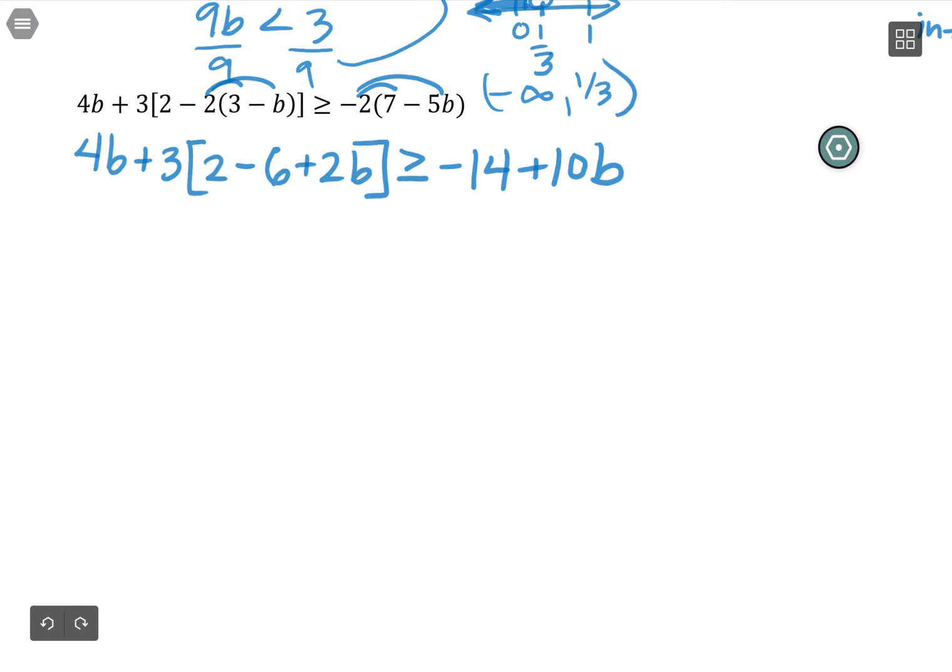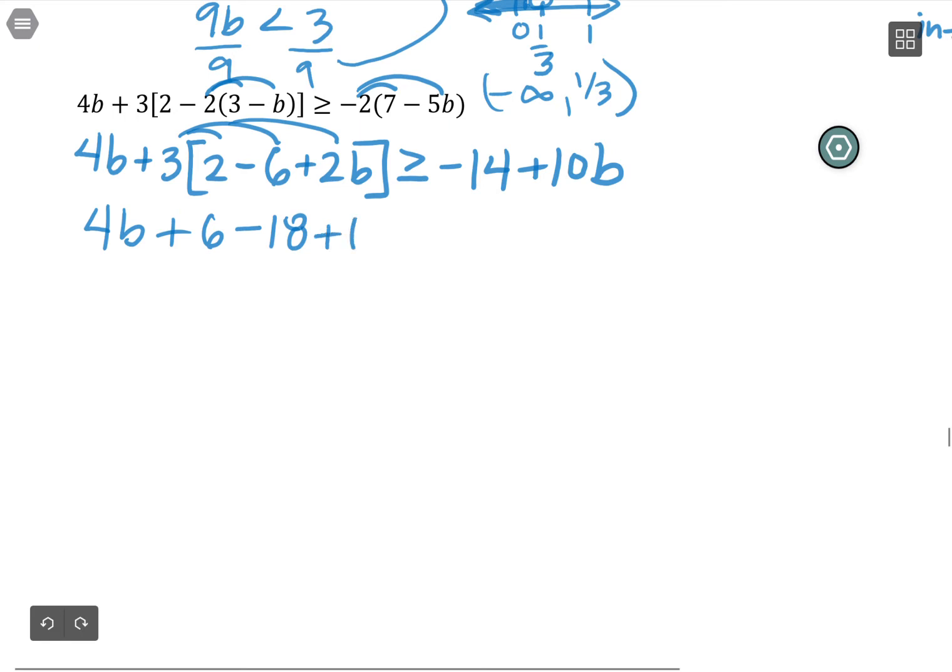And then I'm going to distribute again, and I'm going to say 4b plus 6 minus 18 plus 6b is greater than or equal to negative 14 plus 10b.